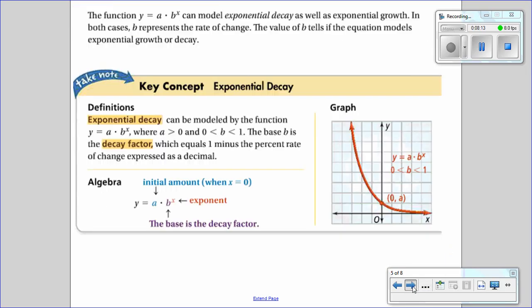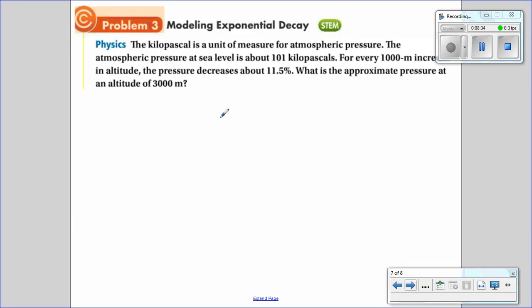And then the last thing we're going to look at is decay. The only thing that changes when it's decay is that you take 1 minus that percent. Okay? So get this in your notebook. Same formula, except this is the decay factor. So it's 1 minus the percent of change. Okay? So if we have a kilopascal, which is a unit of measure for atmospheric pressure.